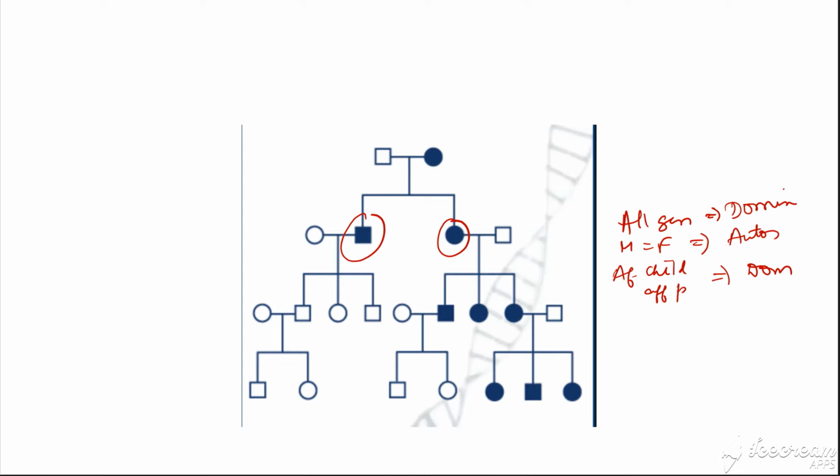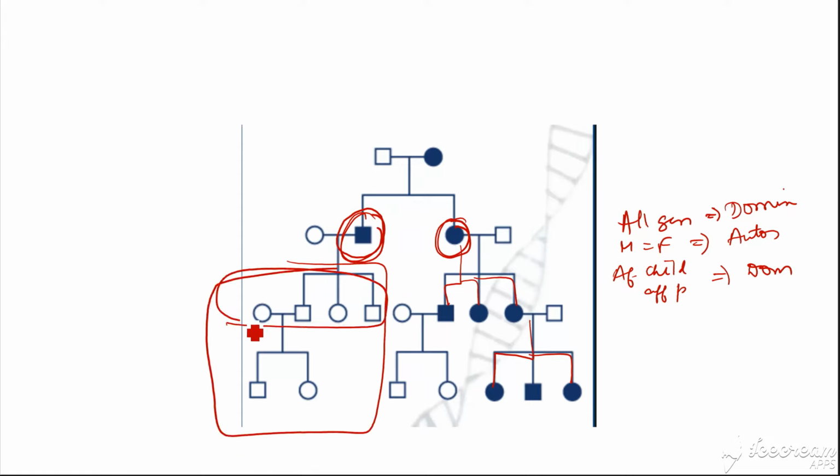No, we have to apply any special mode of transmission if seen, whether the father is transmitting the disease to all the children or only to the female children, or if only the mother is transmitting the disease. So when you carefully observe in this pedigree, you see this female is transmitting the disease to her daughters and sons, whereas this affected male doesn't transmit the disease to any of the children.